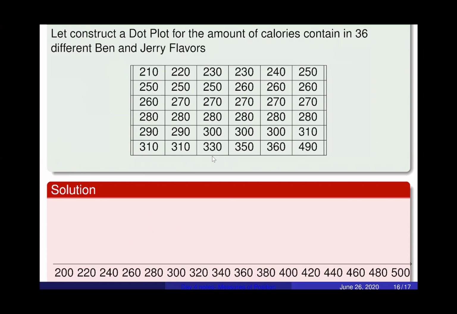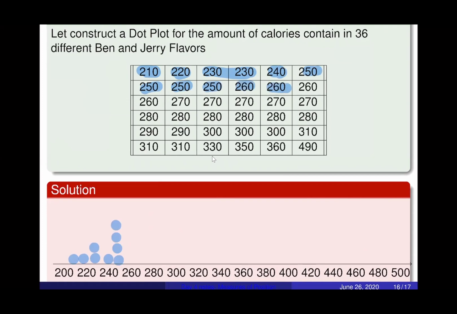So if you look right here, we have 210. So we're gonna put a dot right here at 210. If you look at 220, we only have 1 220, so we put a dot right here at 220. Right here, we have 2 numbers at 230, so we go 1, 2. You have 1 number at 240. You have 4 numbers at 250, so 1, 2, 3, 4.